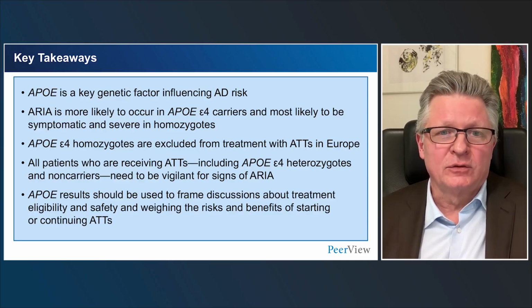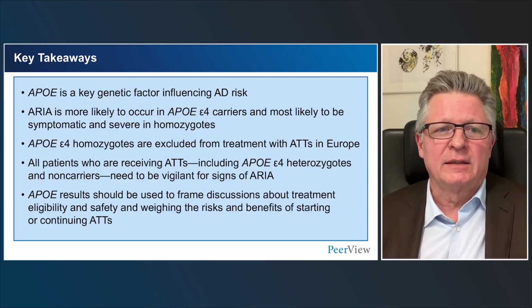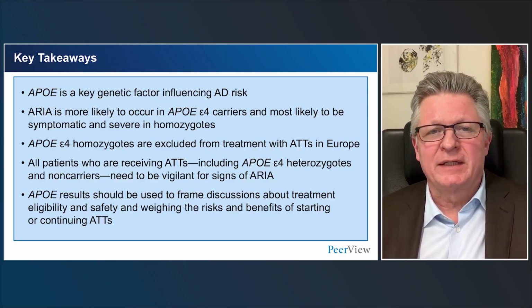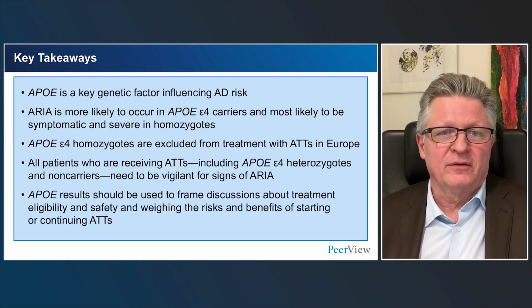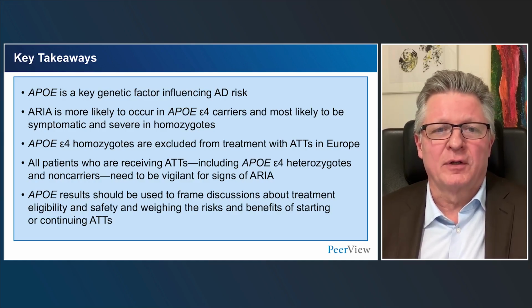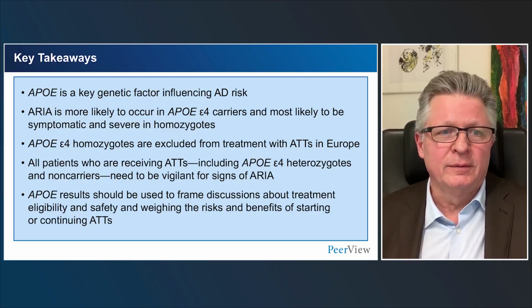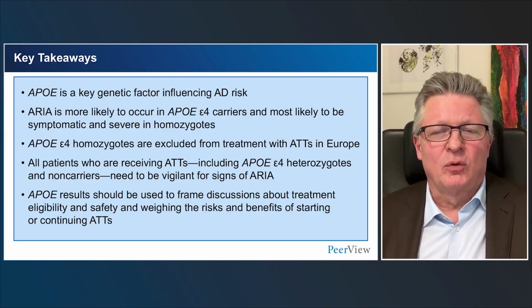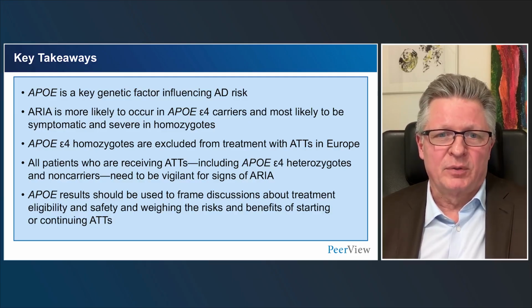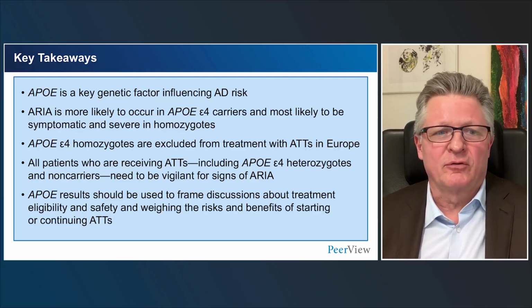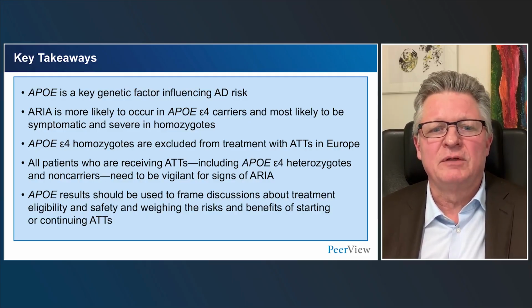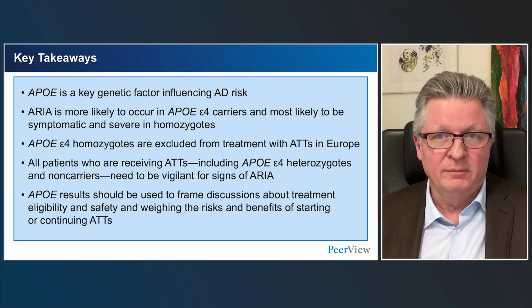So, to summarize key takeaways, APOE is a key genetic risk factor for Alzheimer's disease. ARIA is more likely to occur in APOE4 carriers. It's most likely to be symptomatic and severe in homozygote carriers. This is why homozygote APOE4 carriers are excluded from treatment in the European Union. All patients who are receiving anti-amyloid or amyloid-targeting therapies, including APOE4 heterozygotes and non-carriers, need to be vigilant for signs of ARIA.